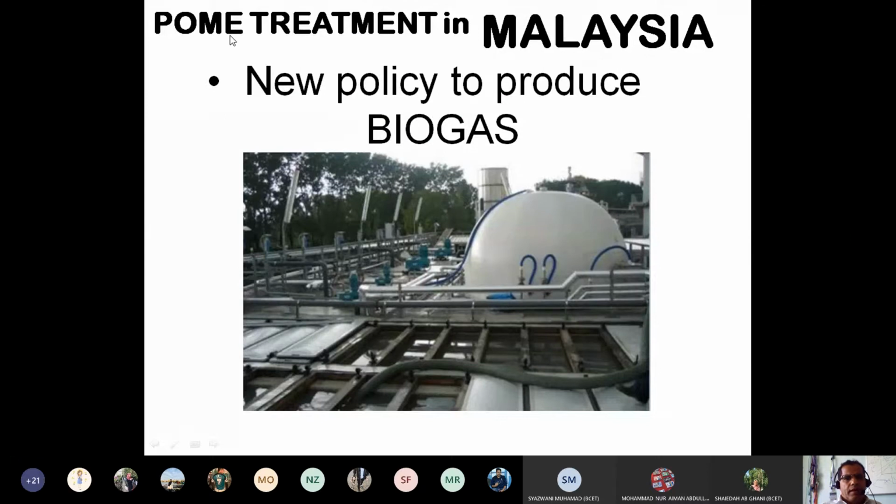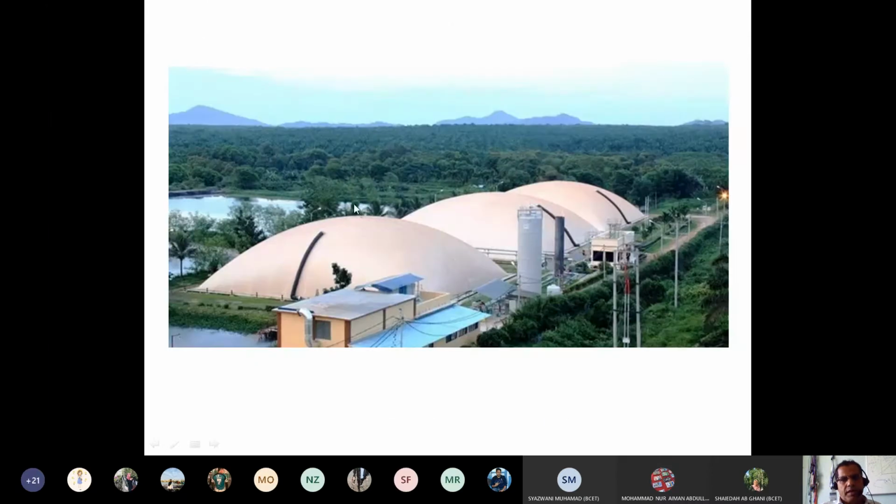This is POME in Malaysia. What is POME? It is palm oil mill effluent. In Malaysia, the policy is to produce biogas. We'll see how they produce biogas.